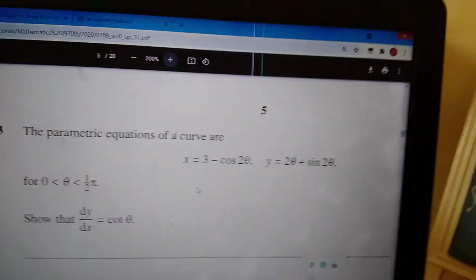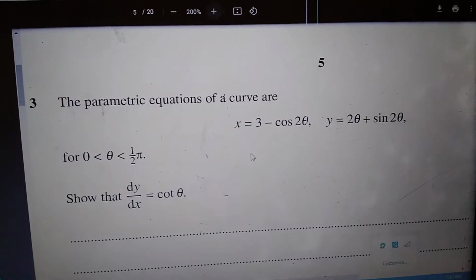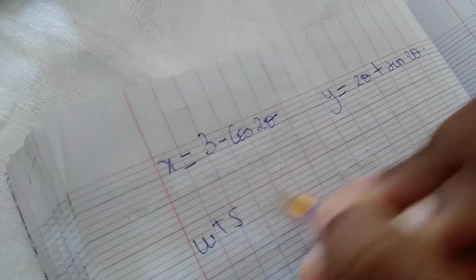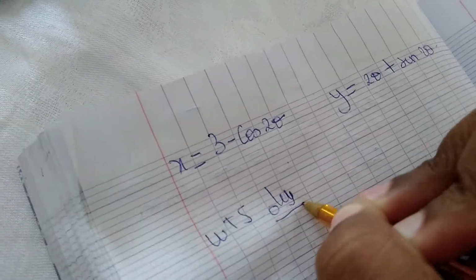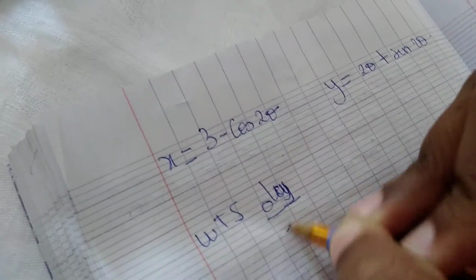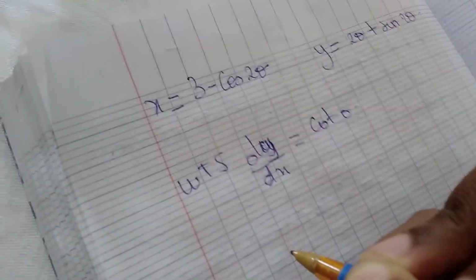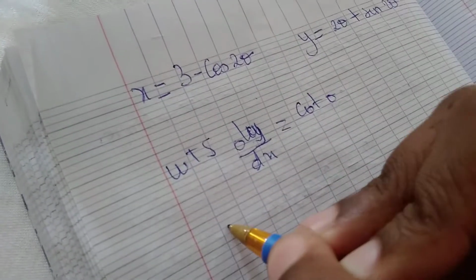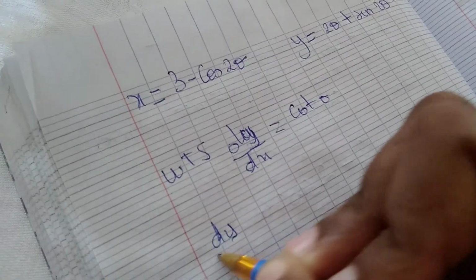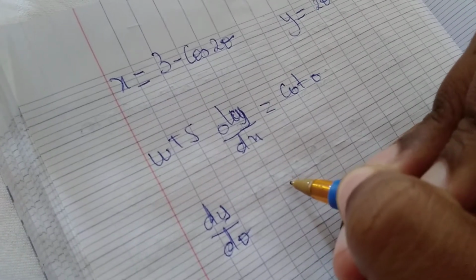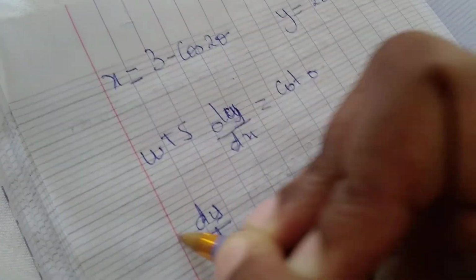So these are the types of questions that we need to look at. Let's get back to how to solve it. So this is what I want to show: dy dx is equal to cot theta. So I need to find dy d theta, and this is my first step.